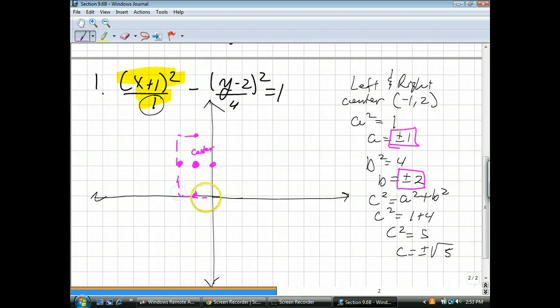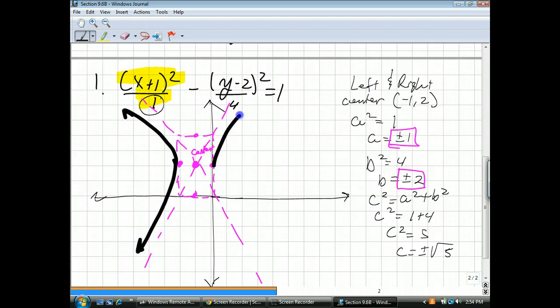Then I'm going to make my box, which remember have asymptotes that go through the corners. And then my actual hyperbola is going to open like this and like this.